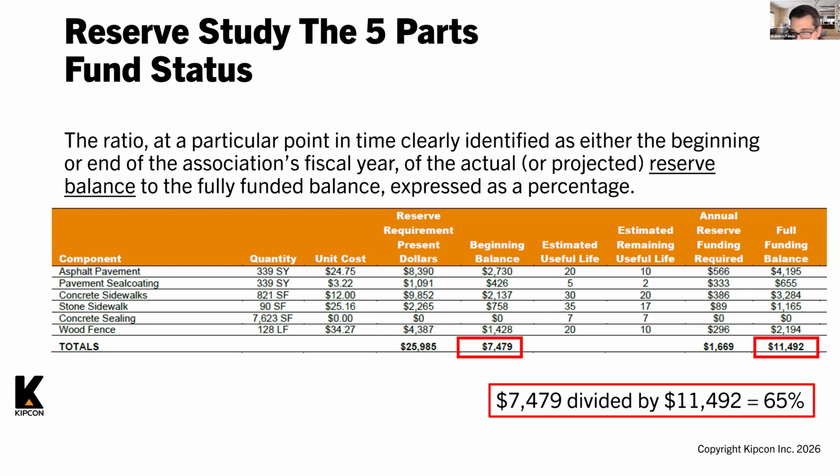And we're going to get into that a little bit here. But when we talk about fund status, that's what we're talking about. Essentially, how much money you have versus what the full funding balance is at that point in time. So, of course, these are all based on year one. Our component schedule is based on the current year. So at this point in time, 65% funded, which is actually a pretty good percentage.